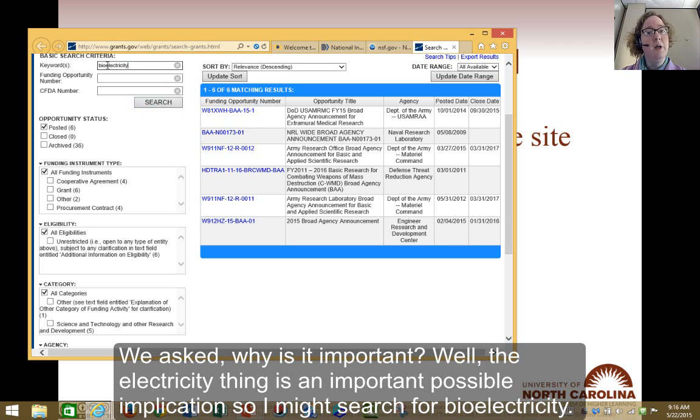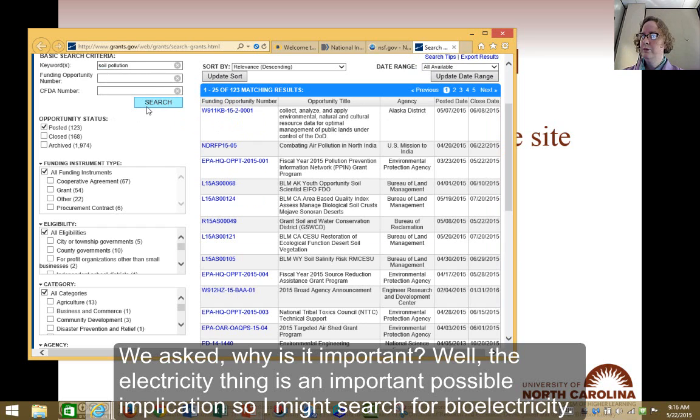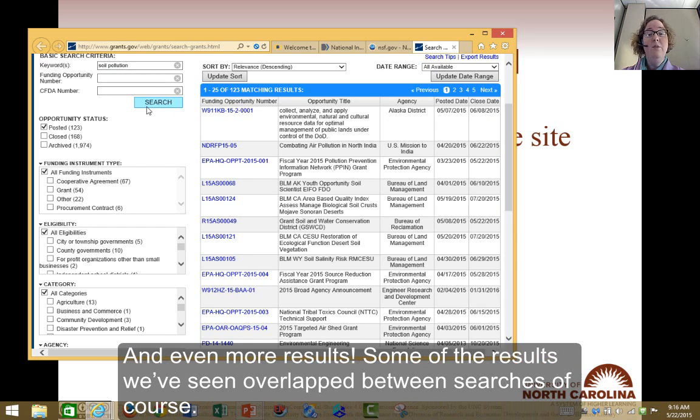The soil pollution part is also a potential benefit, so let's search for that. Even more results. This is the most results I've gotten. So, some of the results we've seen did overlap between the searches, of course.